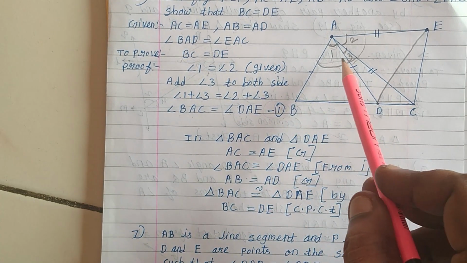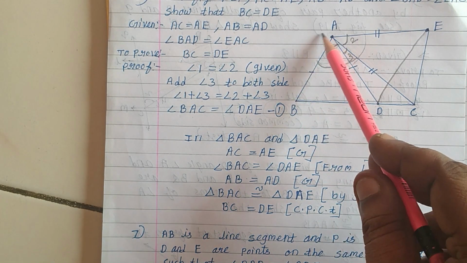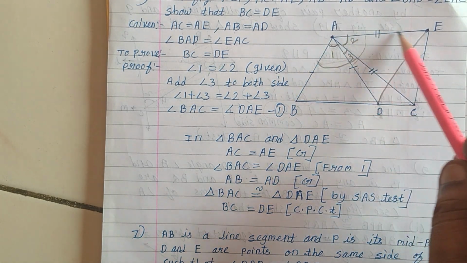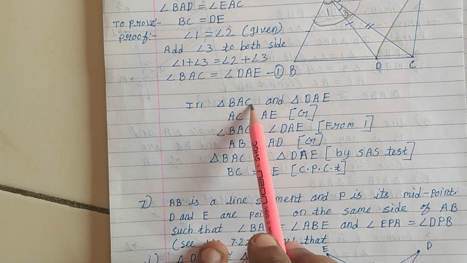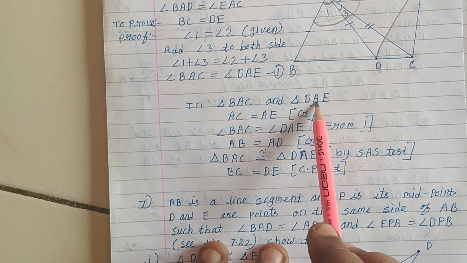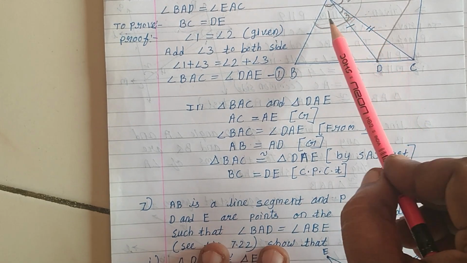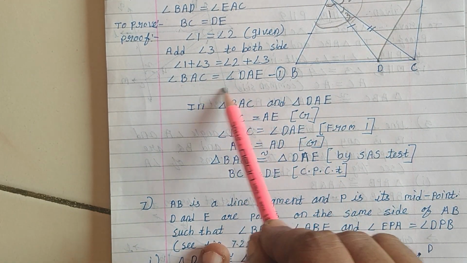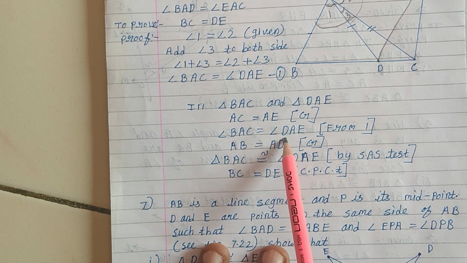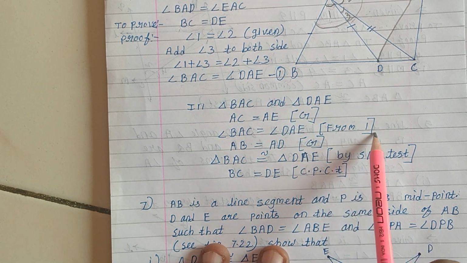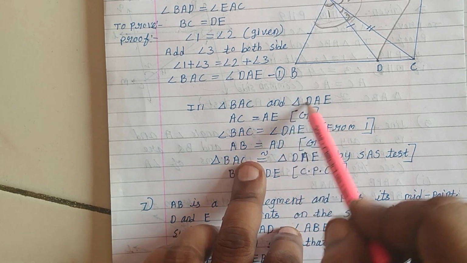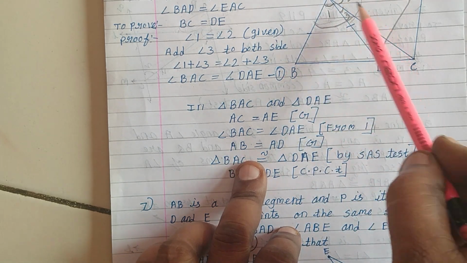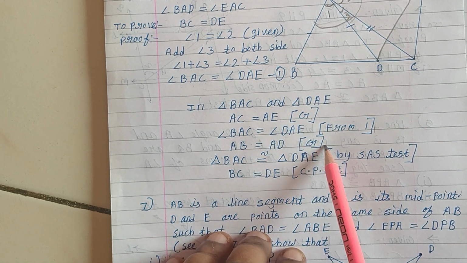Now which two triangles will we consider? We will consider triangle BAC and triangle DAE. Now in triangle BAC and triangle DAE, AC is equal to AE, given. Then from the first, angle BAC is equal to angle DAE, from 1. And the third element will be AB equal to AD. That is given again.